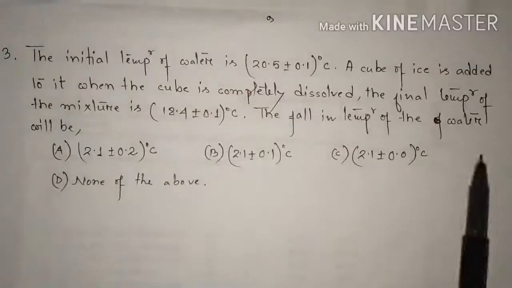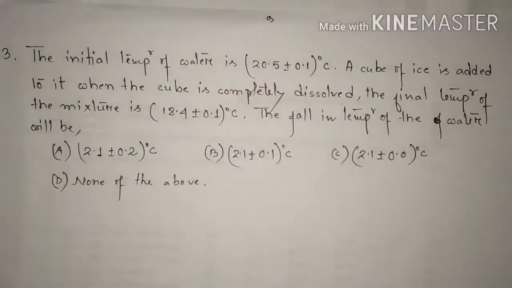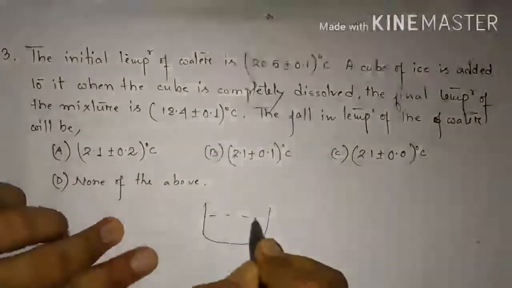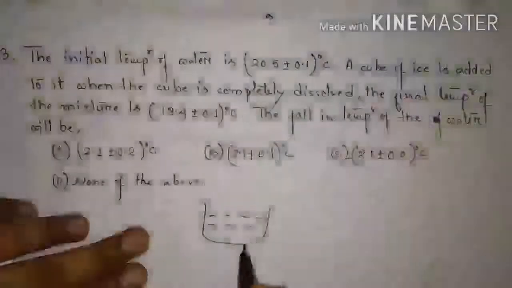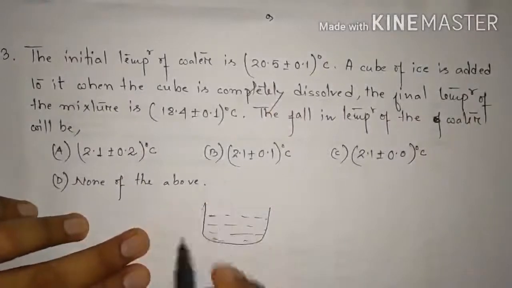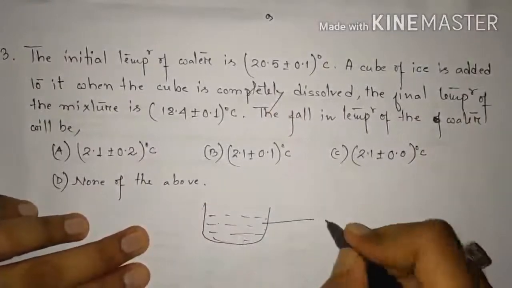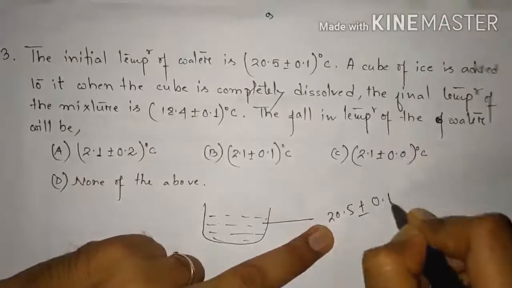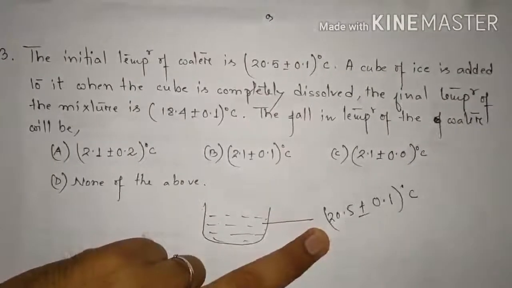The fall in temperature of the water will be. What the question says is that there is some water, and whose initial temperature is how much? 20.5 plus minus 0.1 degree centigrade.